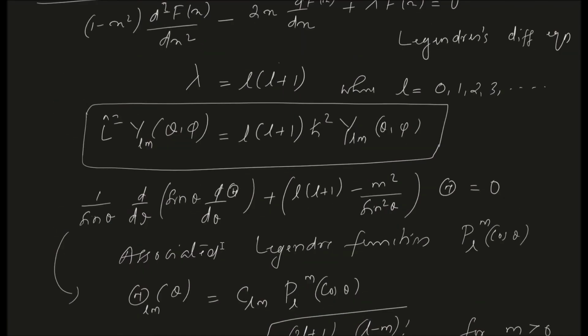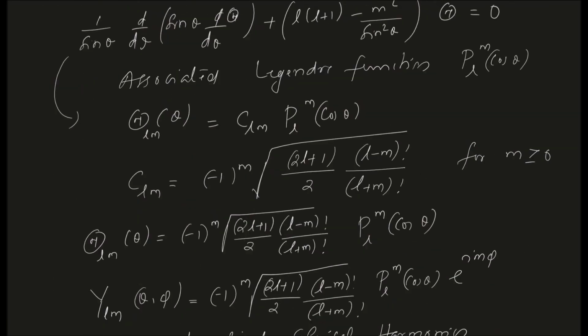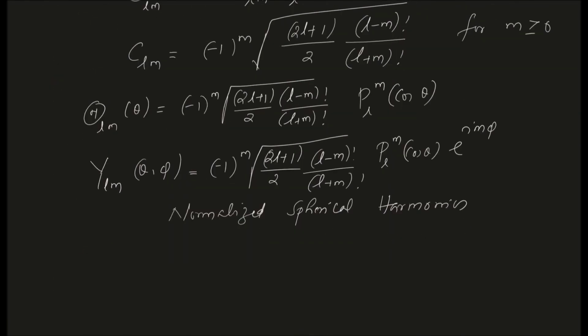Now we have seen it for one particular case, m is equal to 0. Now if we want to consider the case for m not equal to 0, in that case we have to make use of the operators, the L plus operator or L minus operator. So the typical procedure is we start from, suppose we have a state of L and m equal to 0, the L0 state.